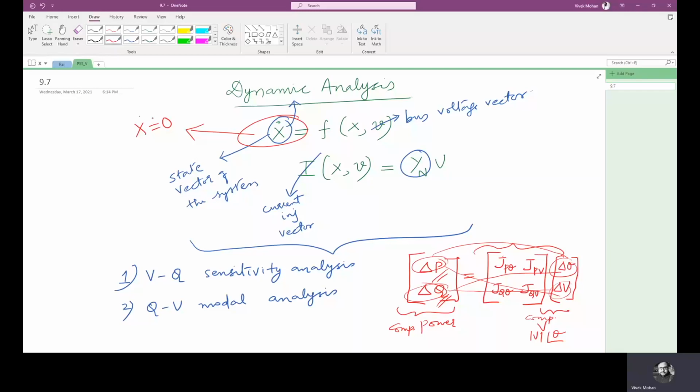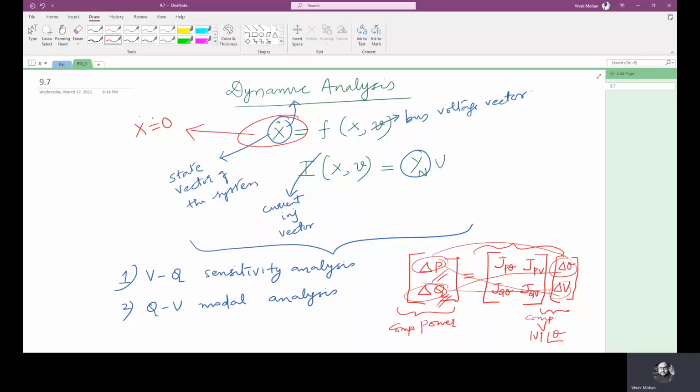What is repeated load flow? Repeated load flow in the sense we assume that the load bus is PQ, but if we increment the active power, in the next step we take P plus delta P. Then again we'll run the load flow, and again in the next step we'll make it P plus 2 delta P. Like that we'll repeatedly execute the load flow algorithm.